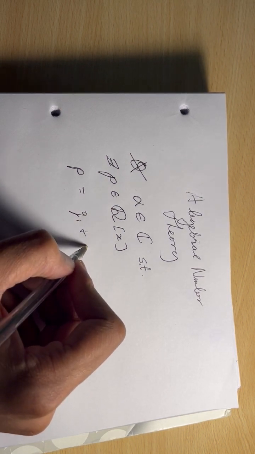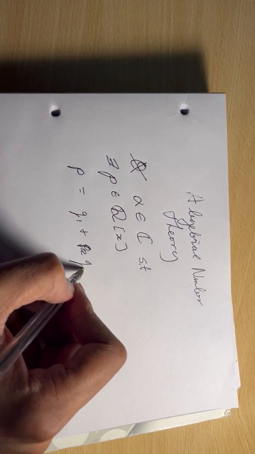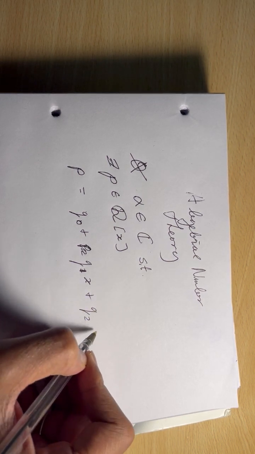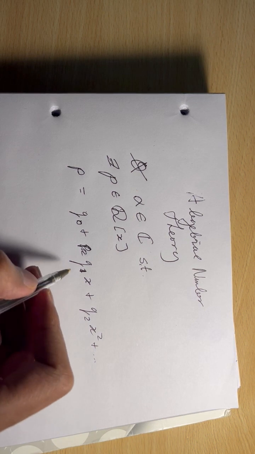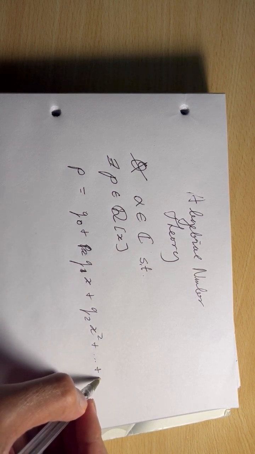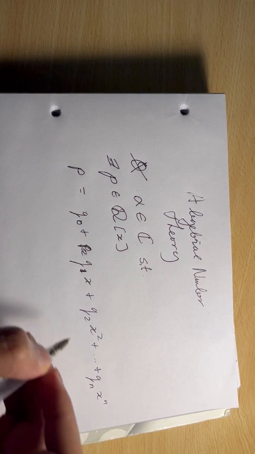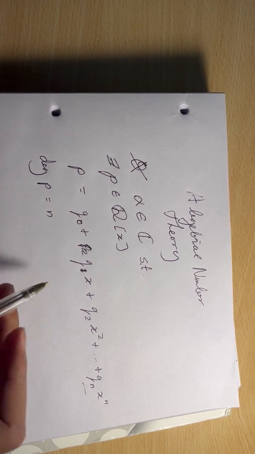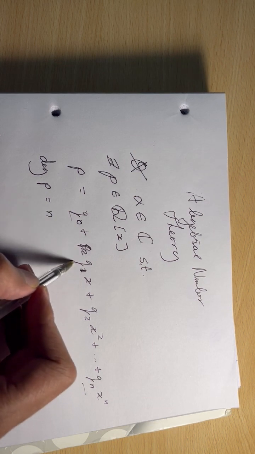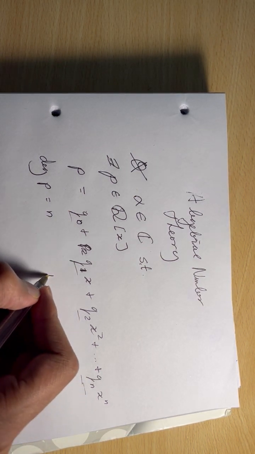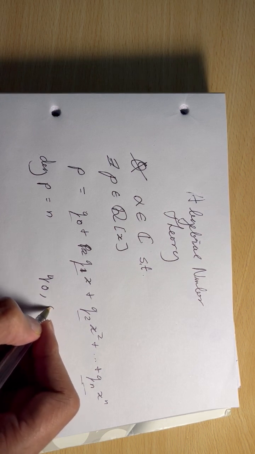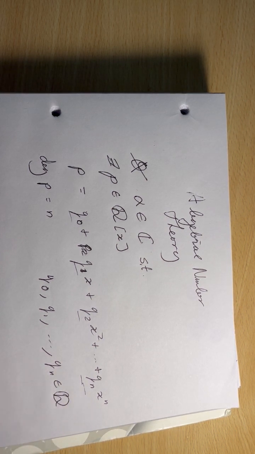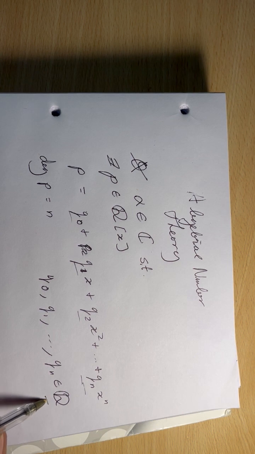So p is just q0 plus q1 x plus q2 x squared and so on, up to some qn x to the n, where this n is the degree of p, so degree p equals n, and q0, q1 up to qn are rational numbers.